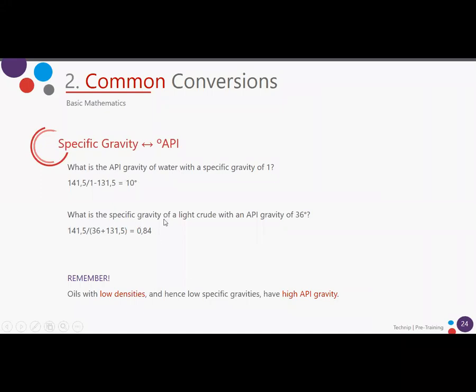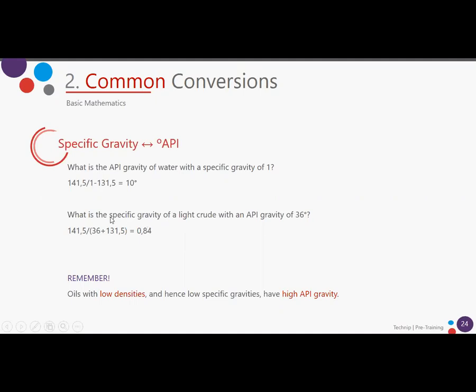Now, what is the specific gravity of a light crude with an API gravity of 36 degrees? So what I have to do is take the formula 141.5 divided by the sum of 36 plus 131.5. And I get 0.84, which tells me that light crude is lighter than water.